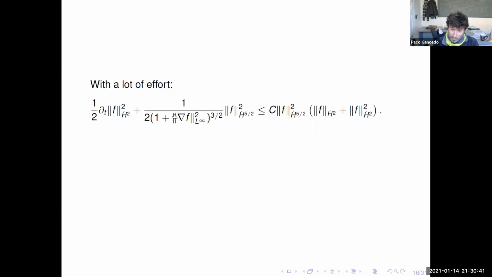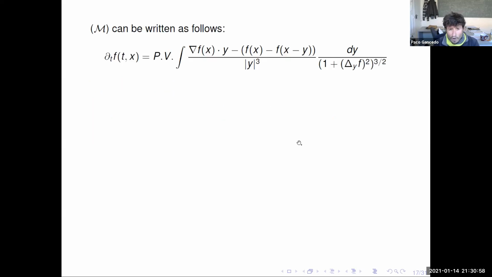But in order to do that, I need to control the slope. Everything is critical here, and I cannot control the slope with the H^2 or the H^{5/2} norms.